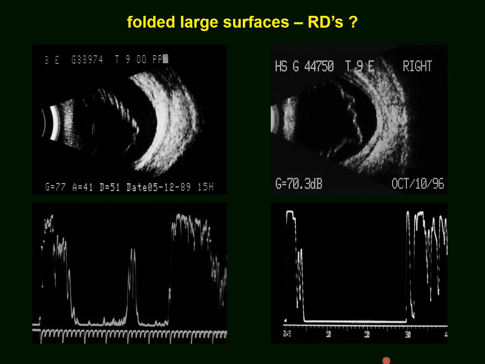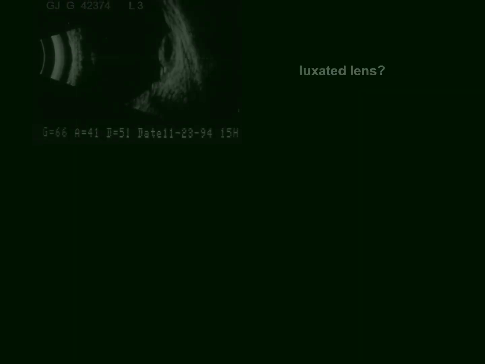So we need sometimes the E-scan information to add to the B-scan and come to a clear-cut final diagnosis. These two E-scans were obtained with tissue sensitivity.